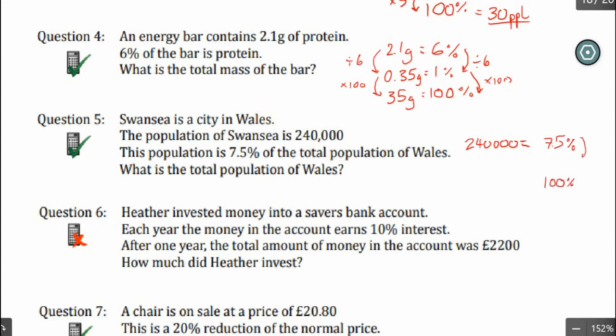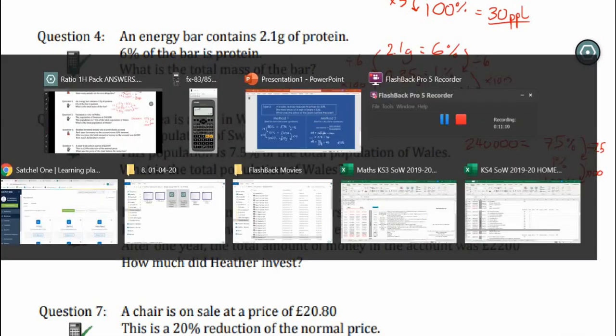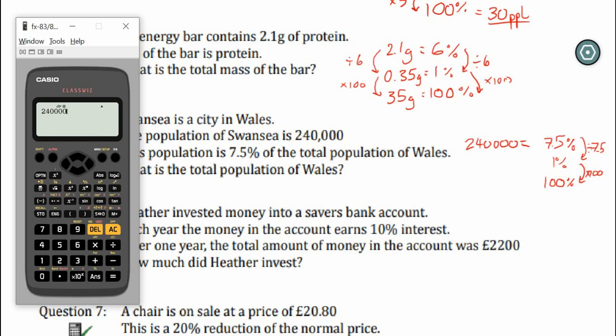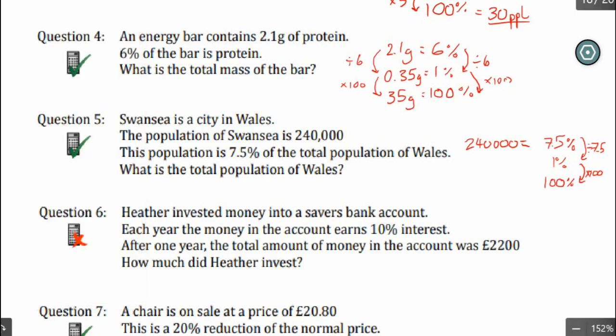To get to 100%, I'm going to turn it into 1% first by dividing by 7.5 and then times by 100. That gives 3.2 million, 3,200,000.